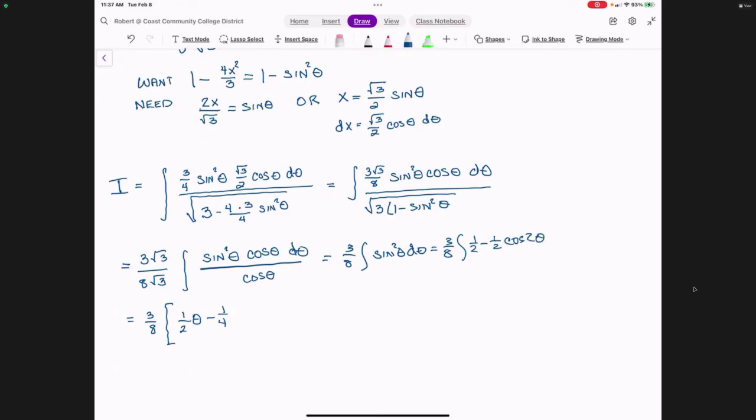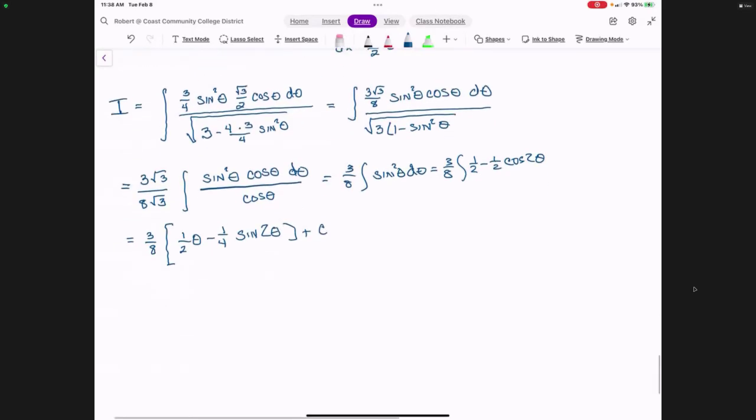Okay, so that's what I'm doing. And let's see, this is going to be 3/16 theta minus 1/2 the sine of theta, the cosine of theta.